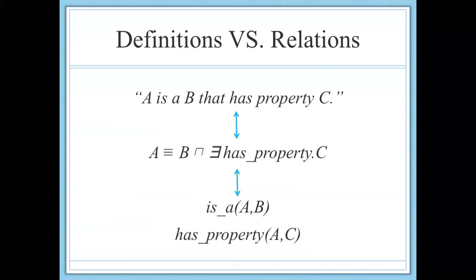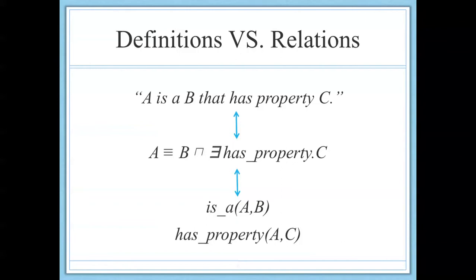Given that B is a parent concept, the terminological axiom can be further rewritten into a set of assertional axioms: A is a B, and A has property C. Therefore, a formal definition can be decomposed into a set of logical axioms that state different relations between formal concepts, and the task of formal definition generation can be reformulated as the relation extraction task.